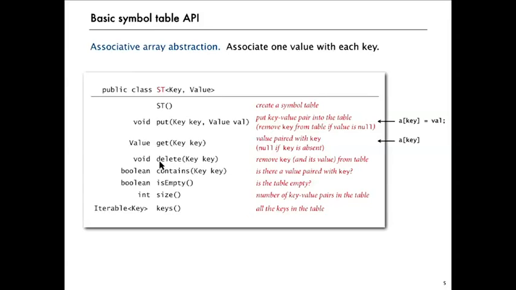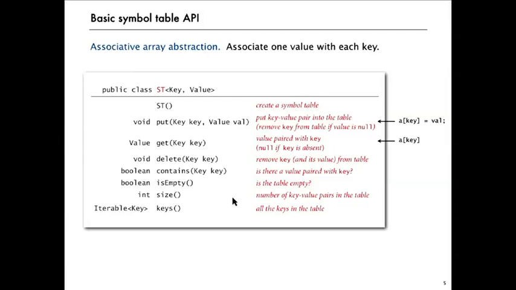And then to properly maintain a symbol table in a dynamic situation, in many clients you want to support a delete operation, and contains is a simpler operation than get. It's convenient for many clients, where it just tells us whether there's some value paired with that key in the table.